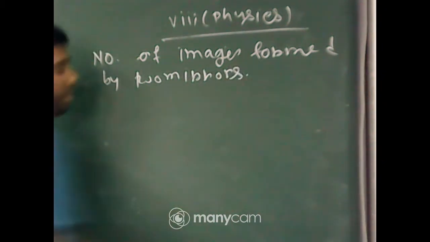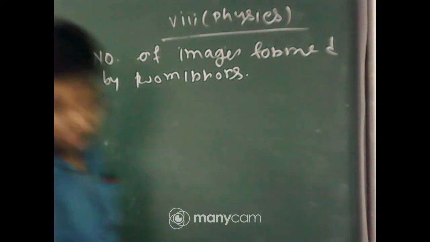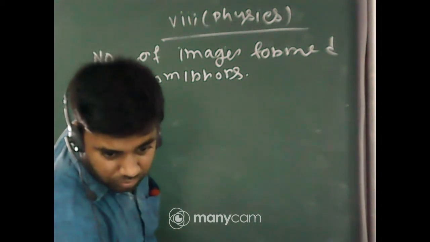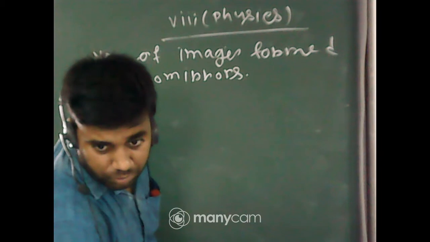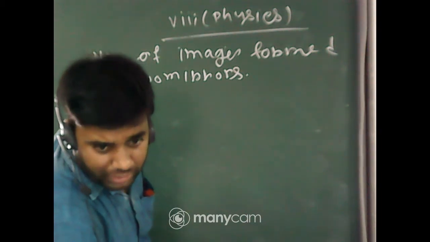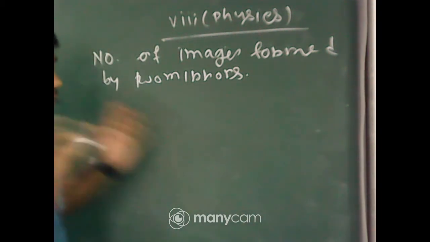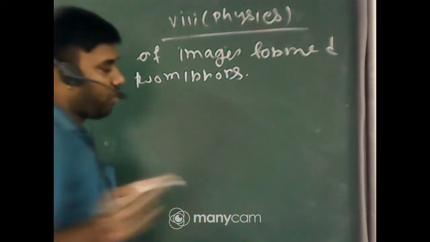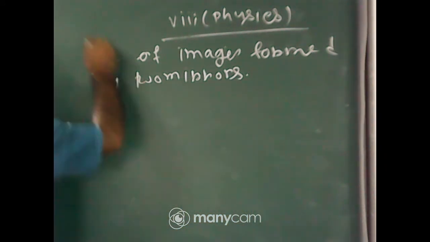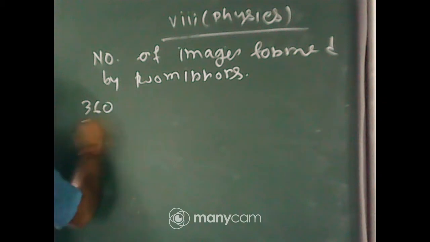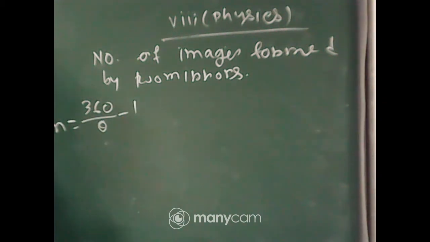First of all, if there are 2 mirrors, the formula for getting the number of images is n equal to 360 degree by theta minus 1. That is the formula of getting the number of images.